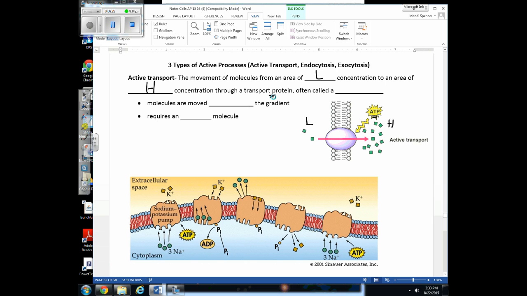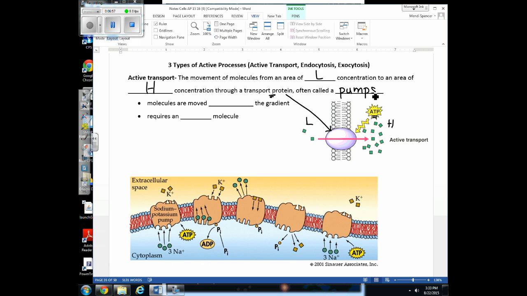Now, sometimes these proteins are referred to as pumps. Think about what a pump in the basement does. It moves water from a low area in your basement to a higher area. And that's what's going on in this situation, but we're moving molecules from low concentrations to high concentration.